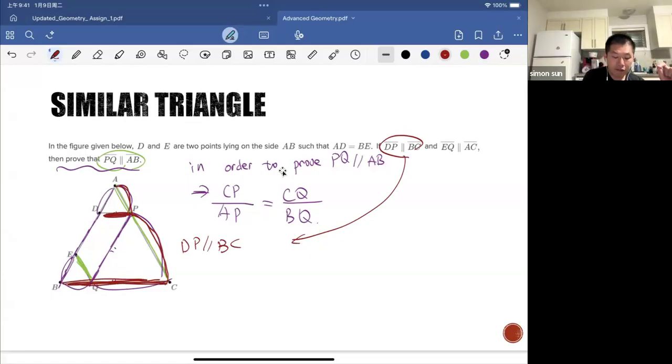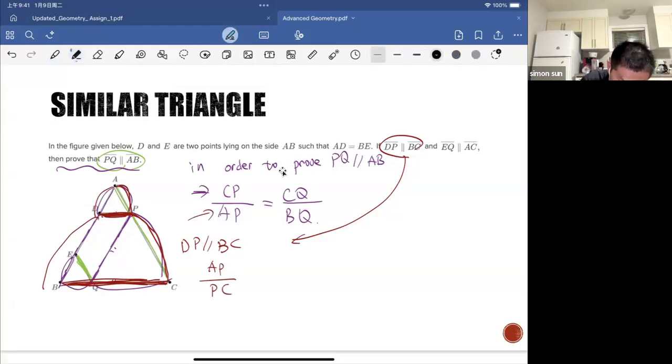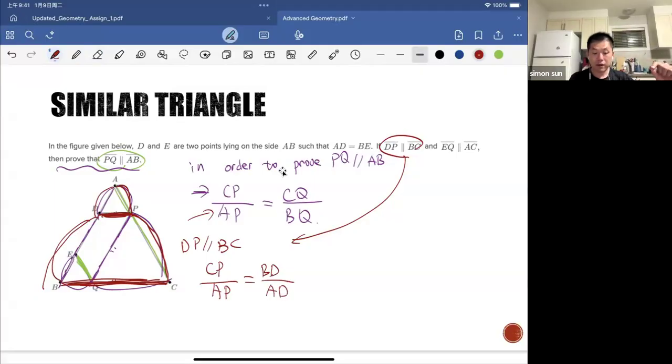Now, if you have a line parallel to the base, the other two sides will be divided into the same ratio. So the CP over AP will be equal to the BD over AD. That's based on this one.